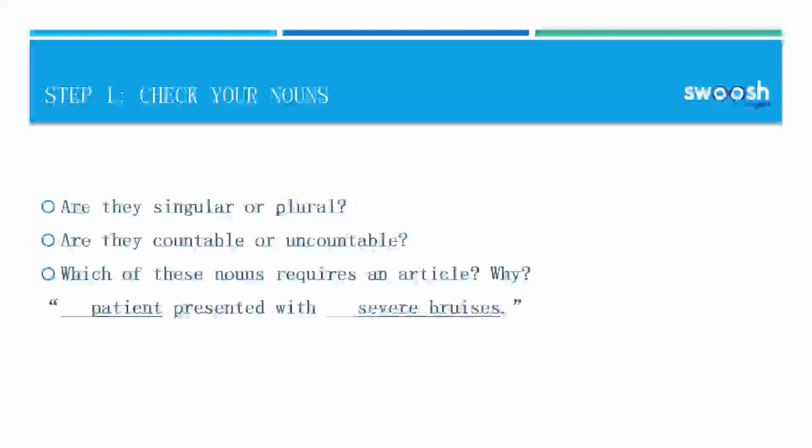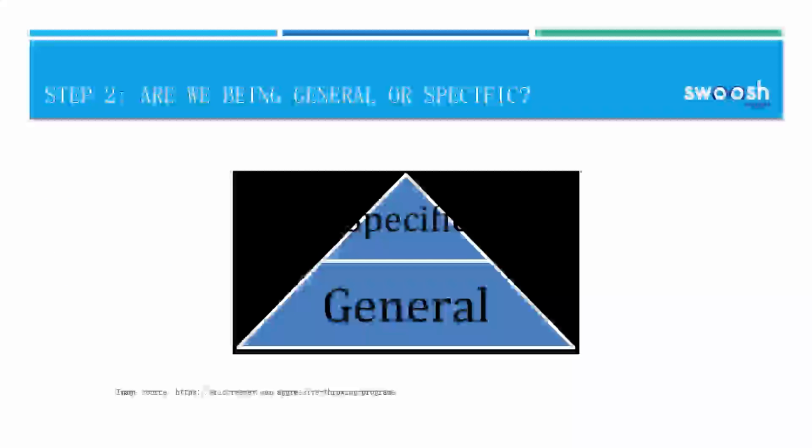Well, actually, the answer is that we should have written the patient. The patient presented with severe bruises. Why is this? Well, it's because in this case, patient is something specific. We're not talking about just any patient. We're referring to the specific patient who presented with severe bruises.